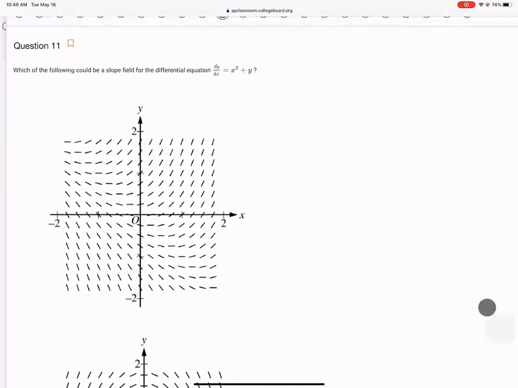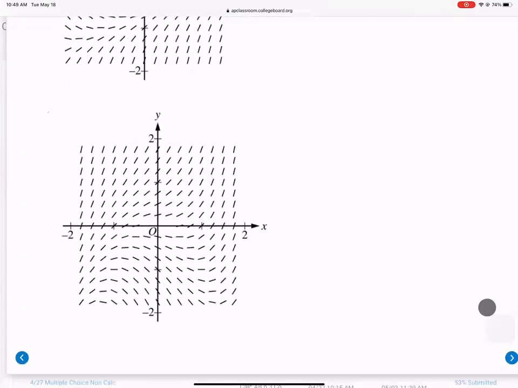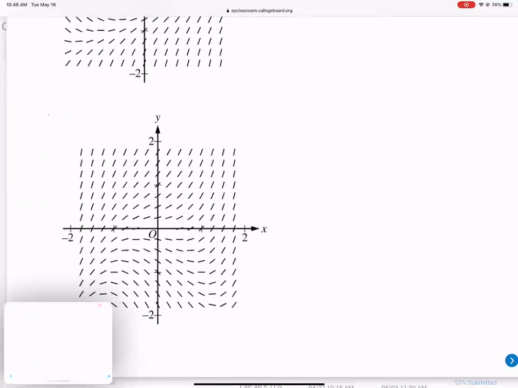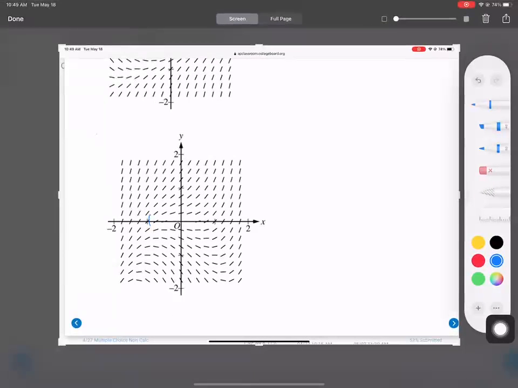Let's do quadrant 3, negative, negative, right? Here is negative 1, negative 1. And we said x squared plus y. That's going to be negative 1 squared plus negative 1. And that should give us 1 minus 1 is 0, okay? That looks like a 0 to me. Right, so our answer is D.